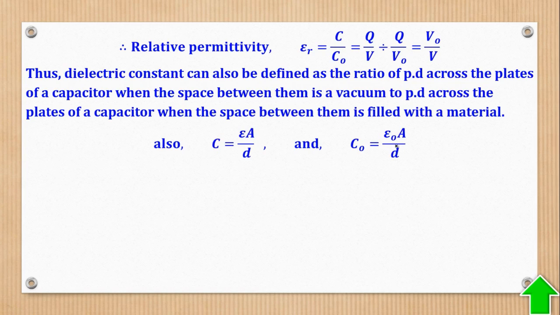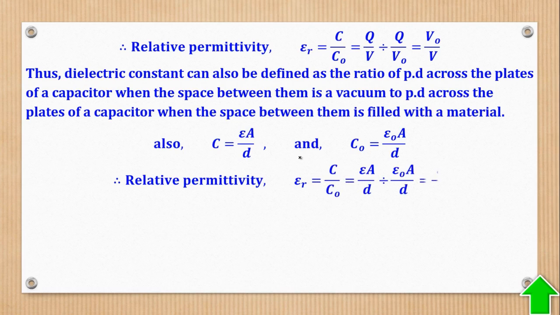Now, when we divide the two, we substitute for this and also for this. You realize that this one cancels, and we remain with this divided by this, which is here. So that gives us a third definition of relative permittivity.